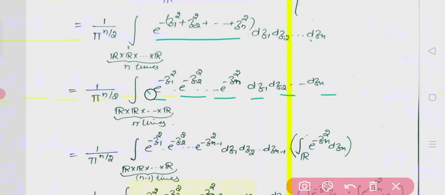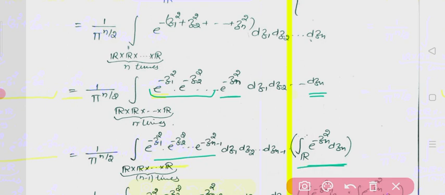So first of all we do the integration of this term with respect to zn. All the remaining terms are constants, so we just keep them as they are, and we will find the integration of this term with respect to zn. When you find the integration of this one with respect to zn, it can be written like this, right?